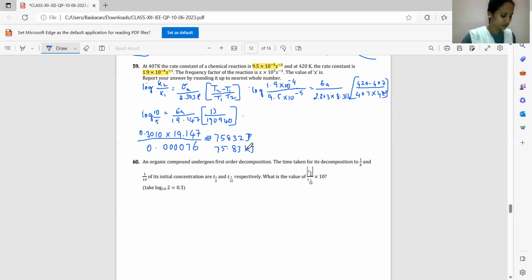After this we have to determine the value of the Arrhenius constant, in which x value, correct?